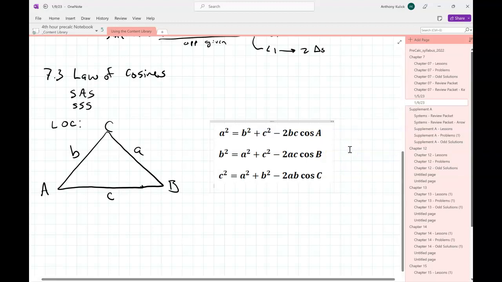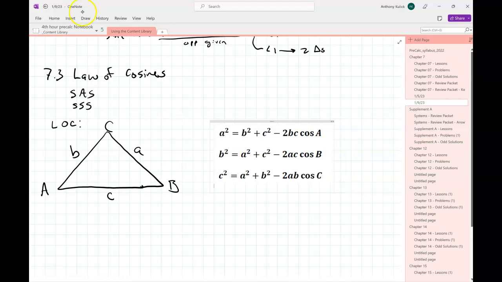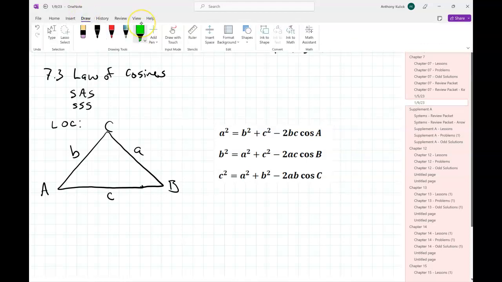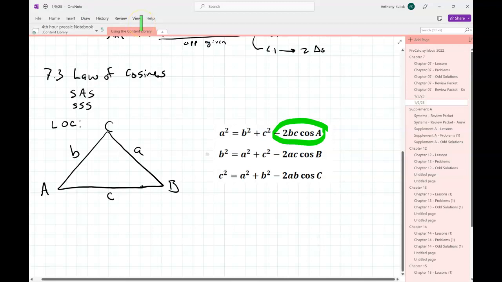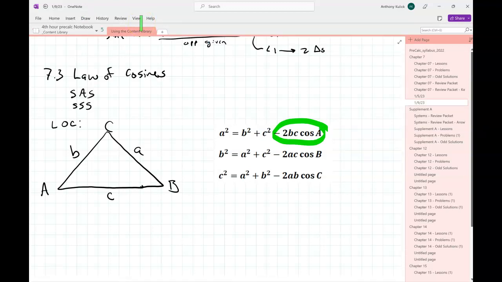What does this law of cosines look like a little bit? What other formula does it kind of resemble? Yeah, it looks like the Pythagorean theorem with this little extra correction factor tacked on the end for it not being a right triangle. Guess what cosine of 90 is? Do you remember? 0.